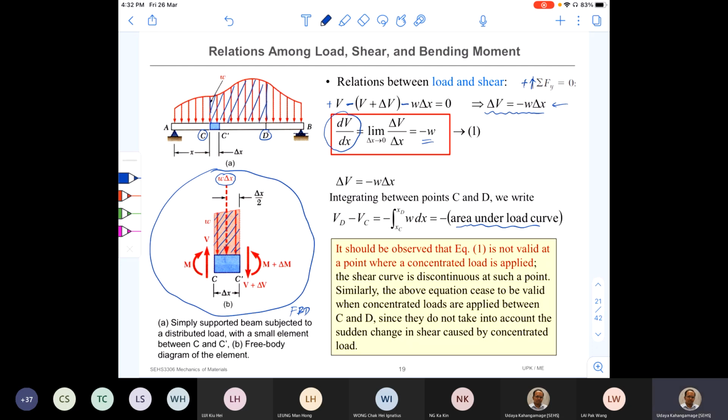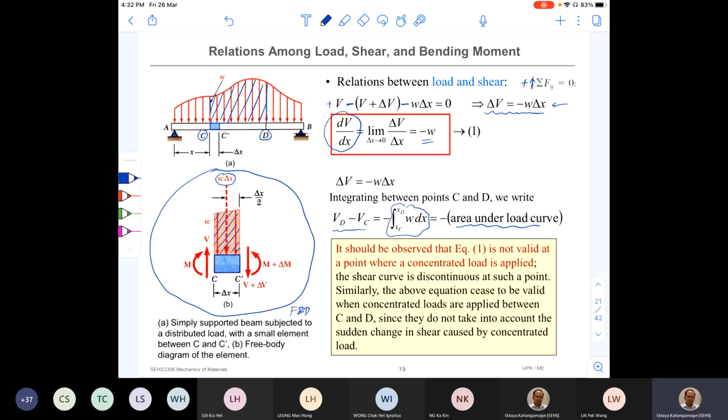So you can obtain that by integrating this function between C and D. So then you get Vd minus Vc is equal to negative integral from C to D of W dx. So that means this part is the area under the load curve.